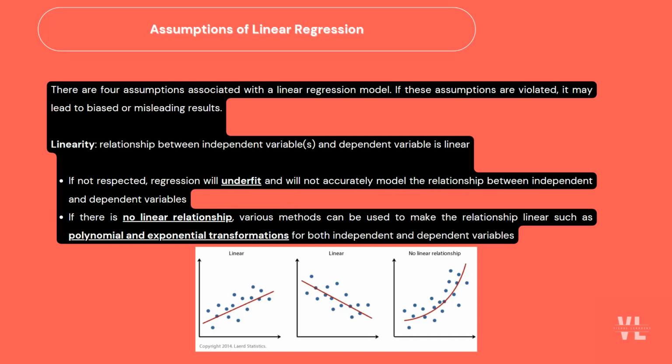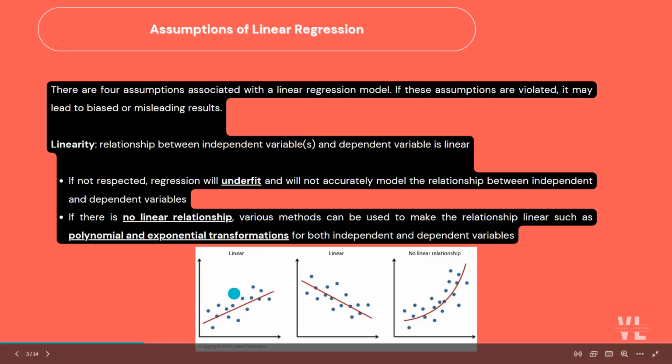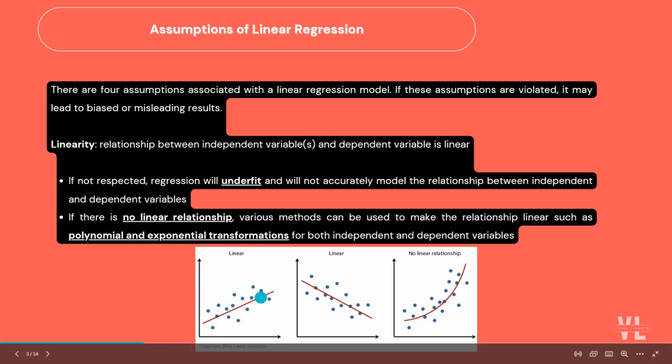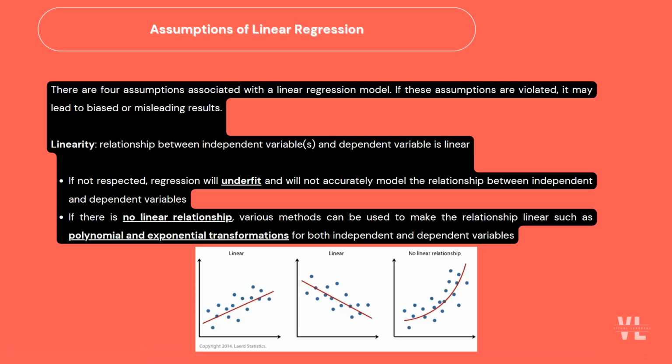So if we want our model to do better on solving regression problems, the relationship between the independent and dependent variables has to be linear. As we can see from the first graph, the regression line is mimicking the distribution of data, because the relationship between the data points mimics a linear relationship.